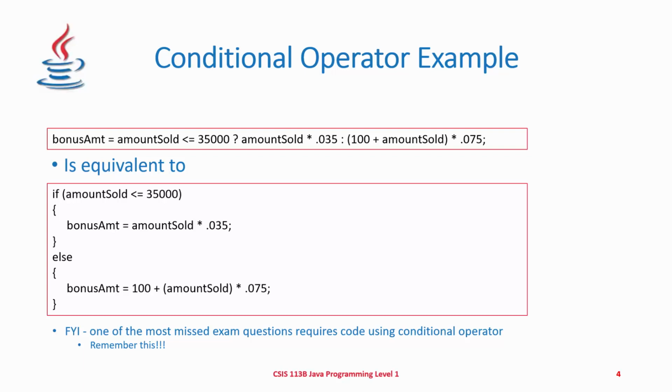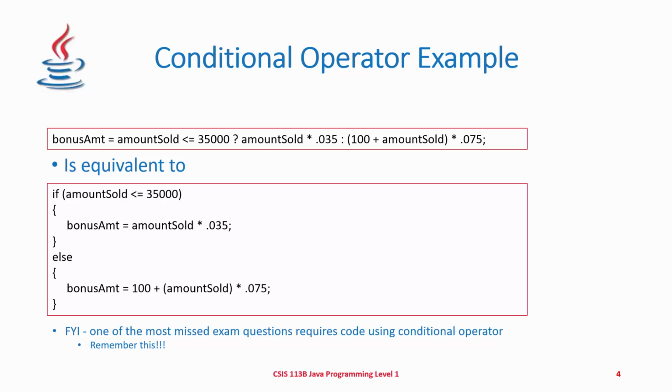So we're assigning to a variable named bonus amount the results of our conditional operator. Here is an example of the conditional operator, also known as the ternary operator, by the way, because it requires 3 operands. We've got a variable named bonus amount, and we're going to assign to it the results of running the conditional operator.